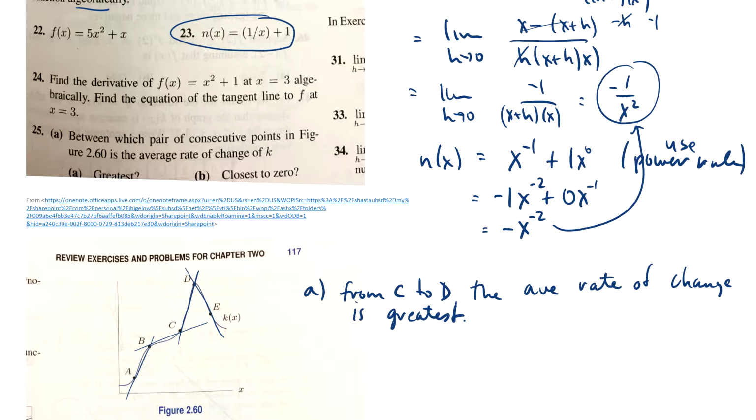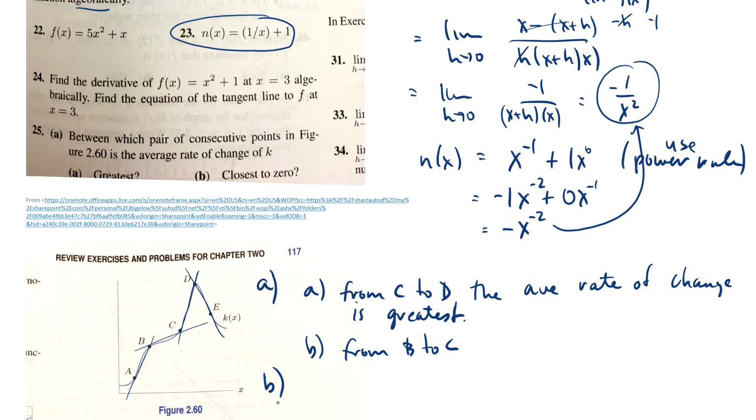So remember the average rate of change, the slope of the secant line. Okay, so it's f of b minus f of a over b minus a is the typical formula we've used. Where is it closest to 0? The flattest, from b to c. Okay, so that's part A, and then part B, which is not on my picture here.